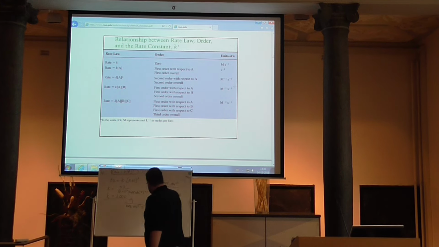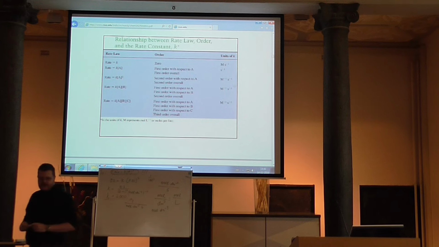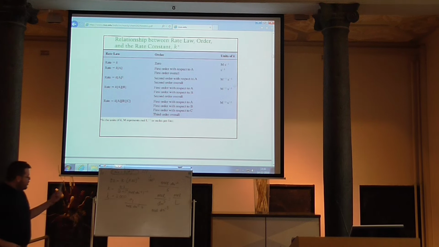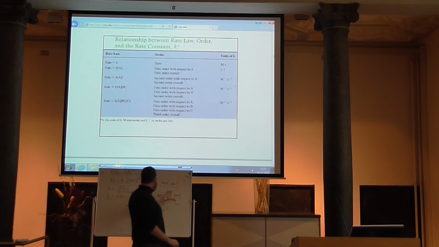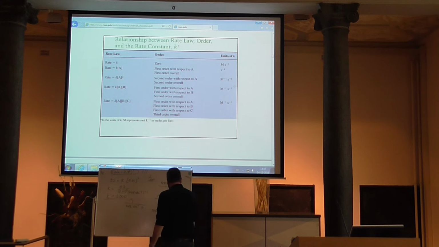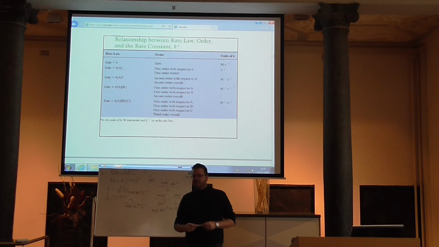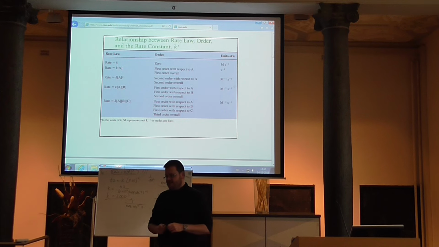I could write this as moles times dm to the minus 3. That's the preferred way of writing it because we use scientific notation. I can also write this as moles times liter to the minus 1. Scientific notation, exponents.